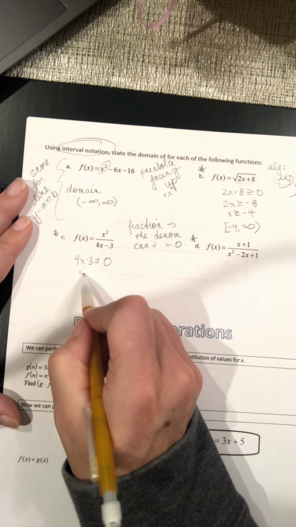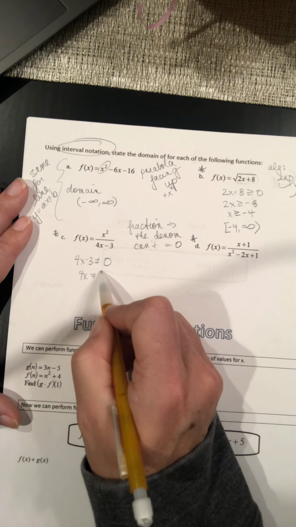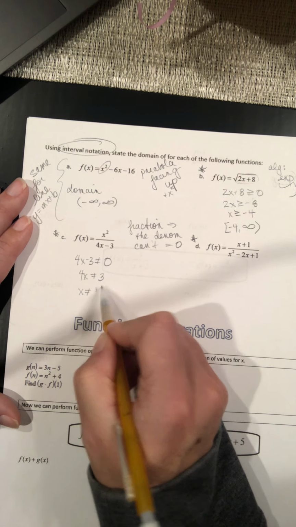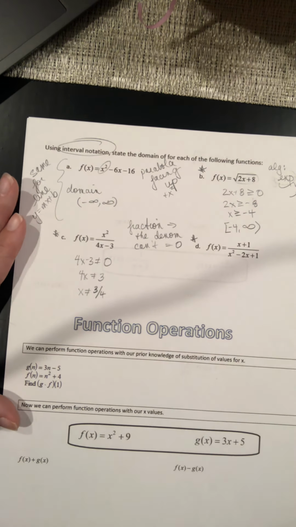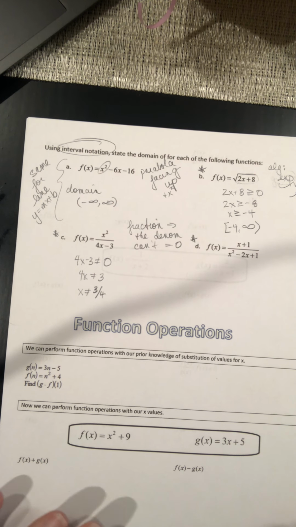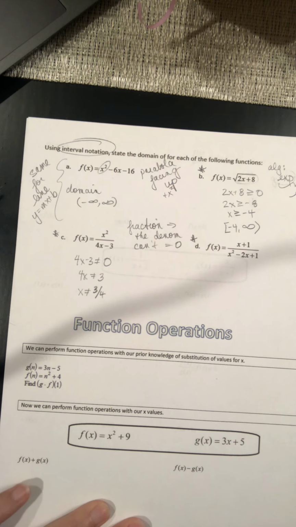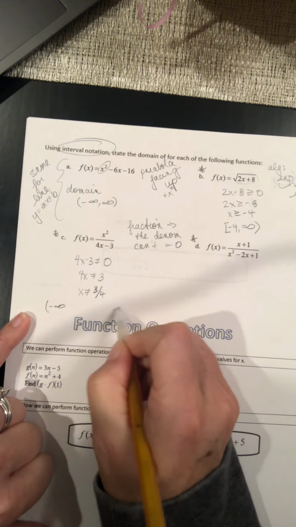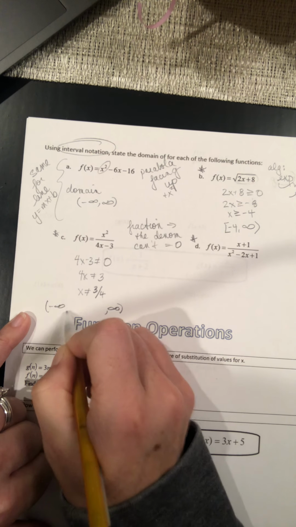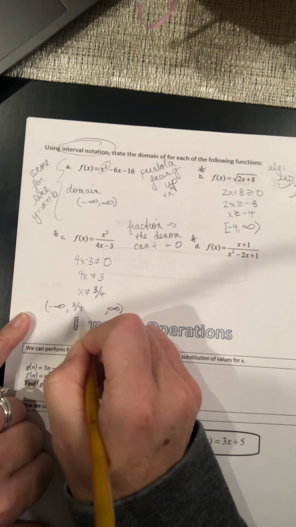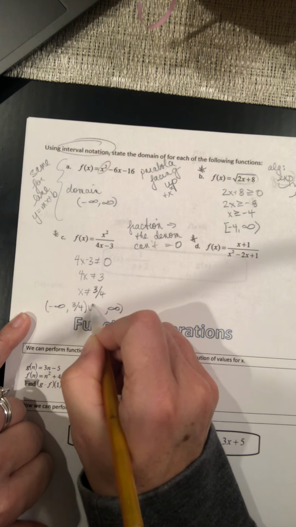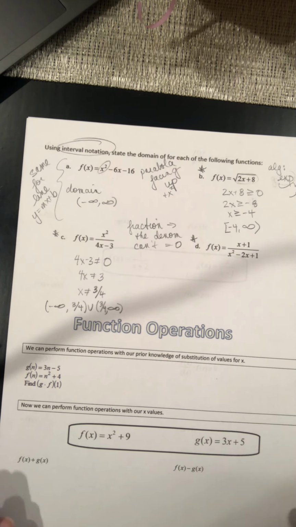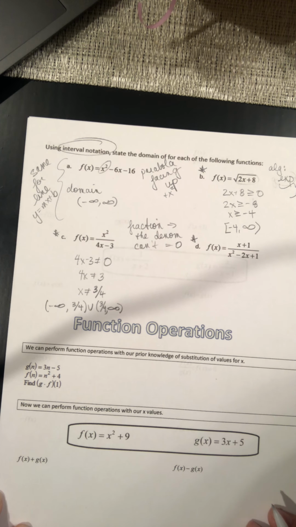Then I just solve, just like you did when you were trying to find what the excluded values were. So x cannot be 3/4, okay? If x cannot be 3/4, that's the only value we're going to exclude. So it's going to go all the way from negative infinity to positive infinity. We're going to go up to 3/4, not include it, and then pick up right after 3/4. So that's how you exclude a value, just one, in this case, all right?